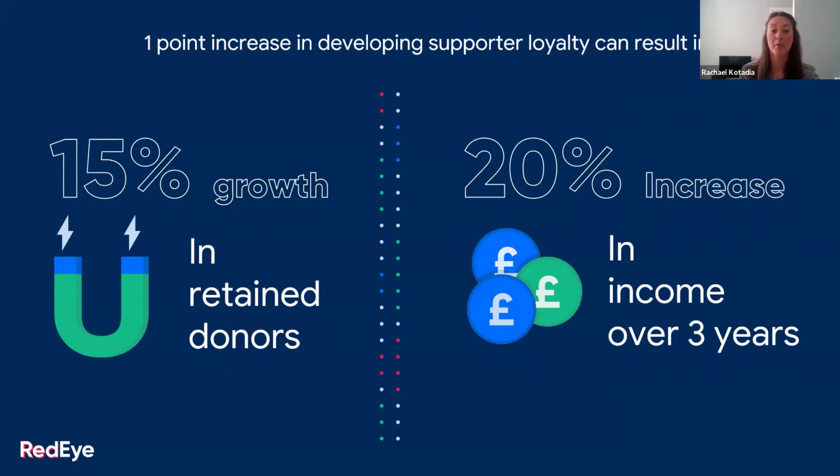A piece of research from About Loyalty shows that just a 1 point increase in developing your supporter loyalty can result in these great stats: a 15% growth in retained donors and a 20% increase in income over a 3-year period. So we want to show you how marketing automation can help you with that.